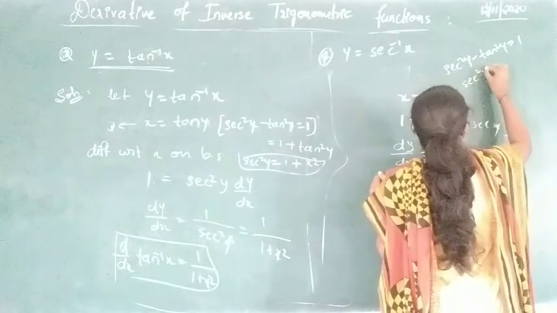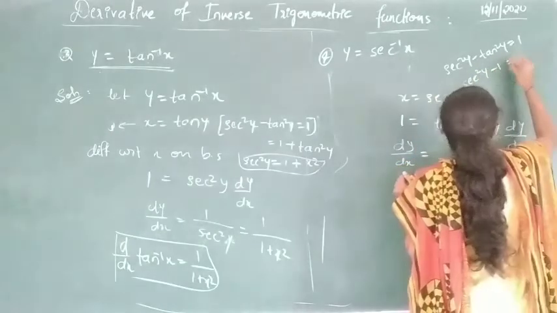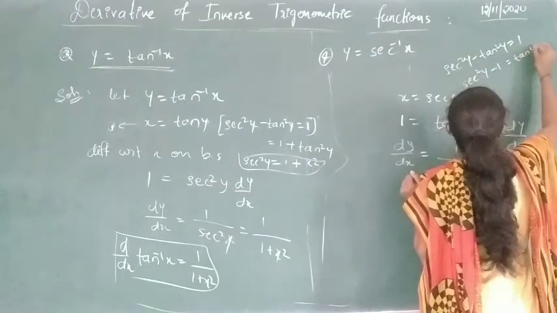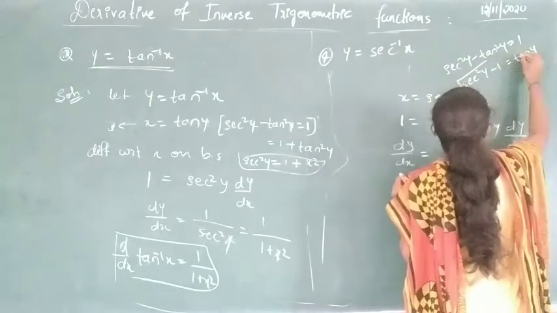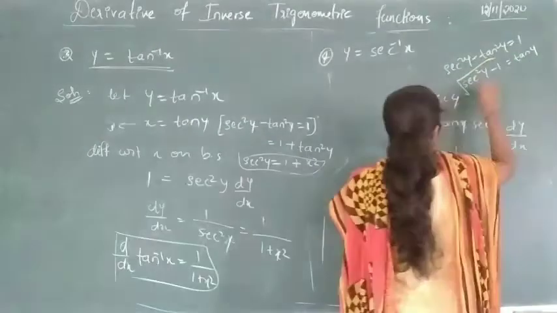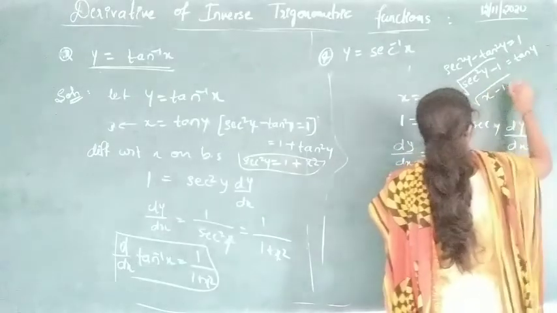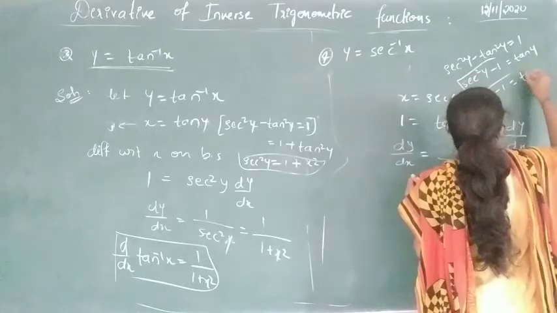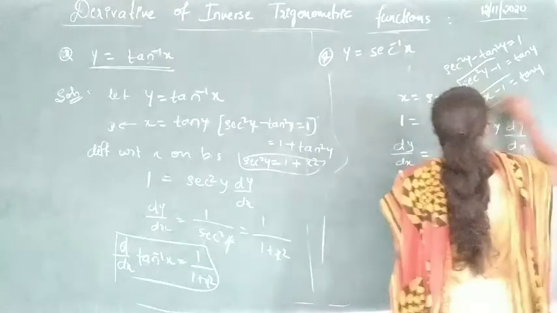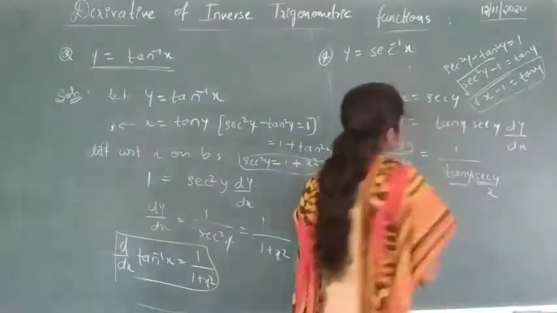Secant square y minus 1 is equal to tan square y, so tan y is the root of secant square y minus 1. Secant y is x, so tan y can be written as square root of x square minus 1.